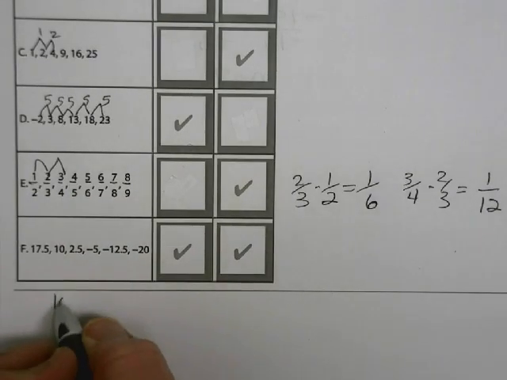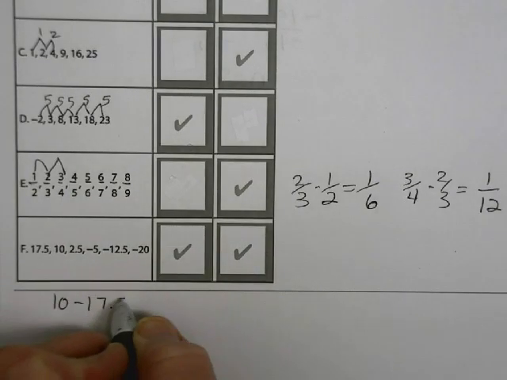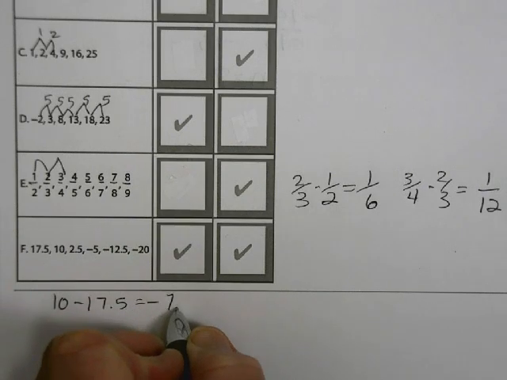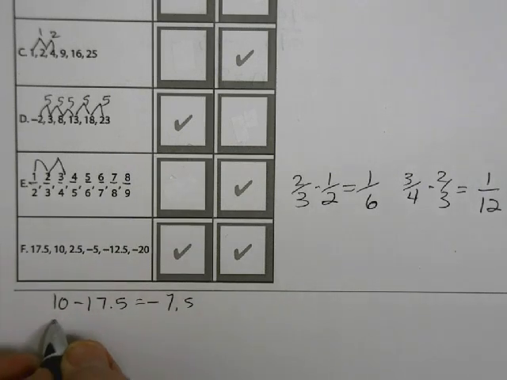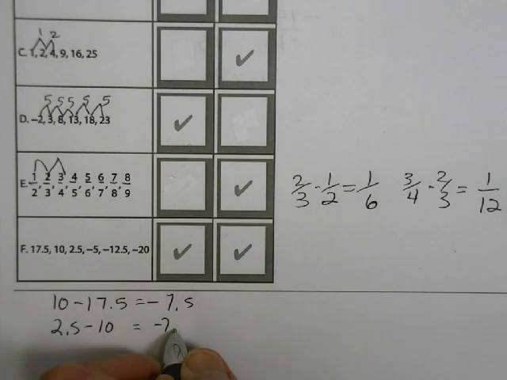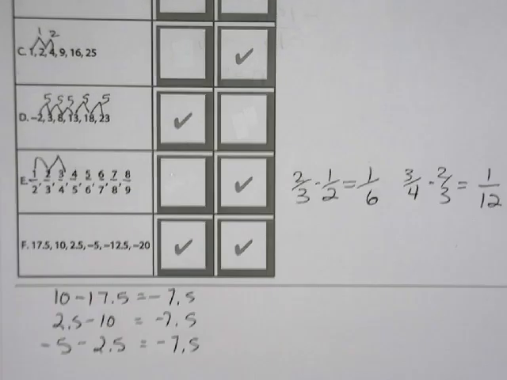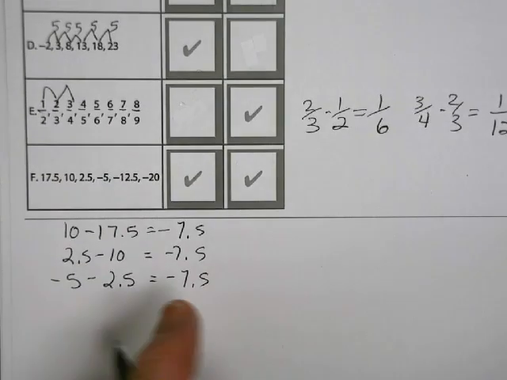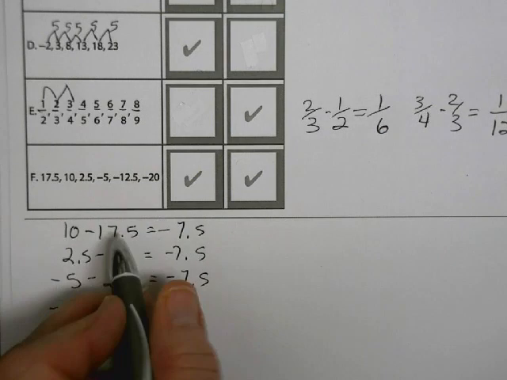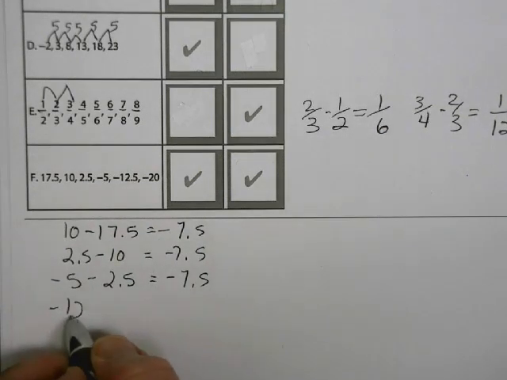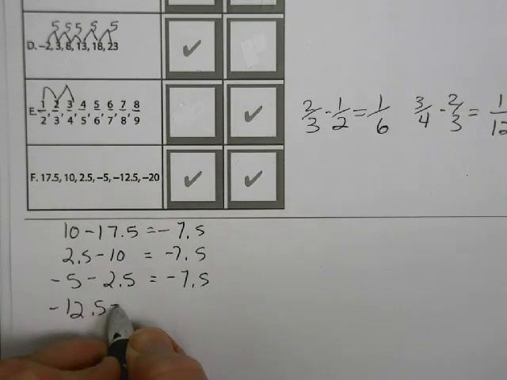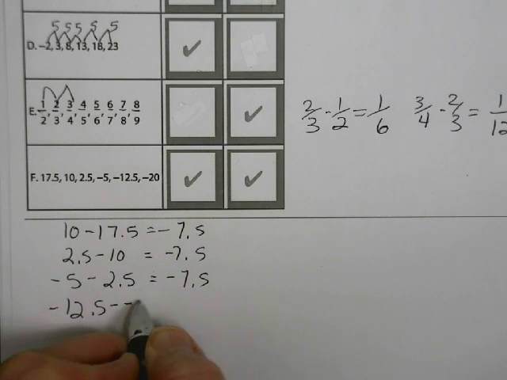And the last one, we're going down. 10 minus 17 and a half is a negative 7.5. 2.5 minus 10, that's negative 7.5. Negative 5 minus 2.5, that's negative 7.5. I want to check them all, just in case they slipped a Mickey in there.